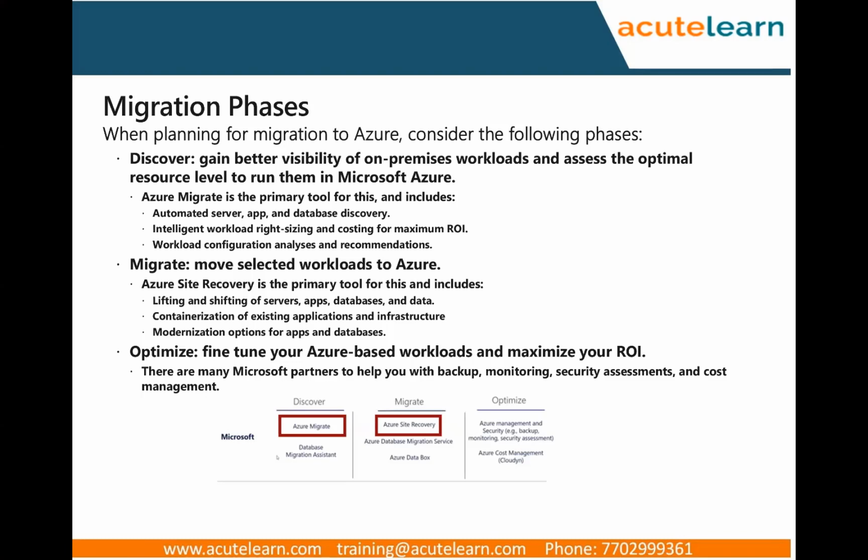It could be a journey of 6 months, 1 year, or 3 years, but our roadmap has to be there. But the challenge now is, what are all the machines we are going to migrate? And what are their dependencies? First, we need to do something called discover, getting visibility on the on-premises workloads.